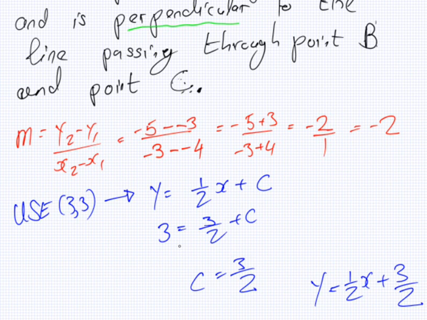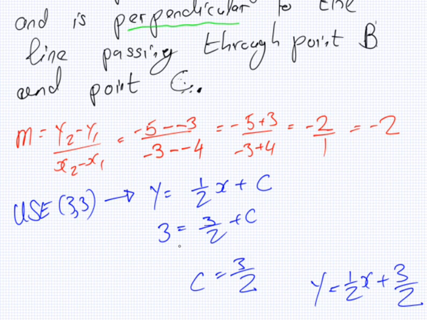What do I do next? Divide by 7. Or if you want, y equals 5 over 7x minus 3 over 7. So what's the slope? 5 over 7, which is good.